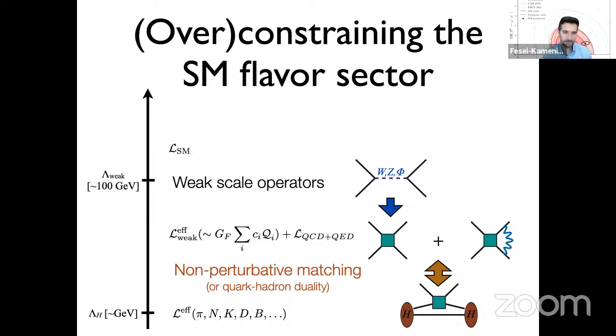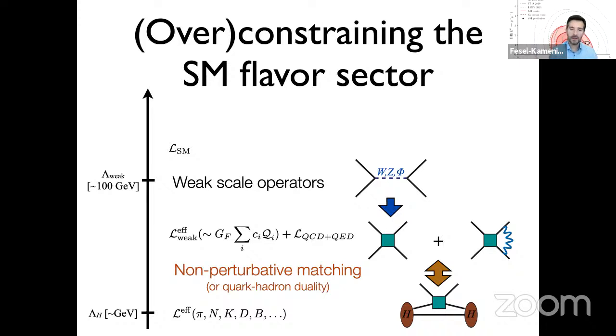systematically perturbatively improved, including higher order QCD and QED effects, because we still have, of course, the QCD and QED degrees of freedom present. Now, once we go to very low scales, below the non-perturbative QCD scale, where QCD interactions become confined, and QCD color degrees of freedom become confined within hadronic states, this effective theory of quarks and leptons and gluons and photons, again, is not the correct theory to describe the dynamics of hadrons.